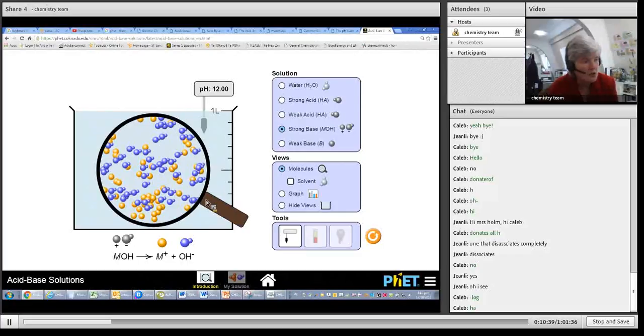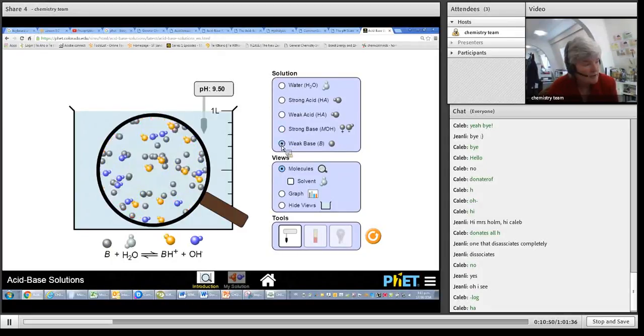But if I go to a weak base, notice the equilibrium arrow. We've ignored the water, we've got the base, we've got the base that's accepted a proton, and we've got the hydroxide. We'll be going over these equations so that they will make more sense to you.